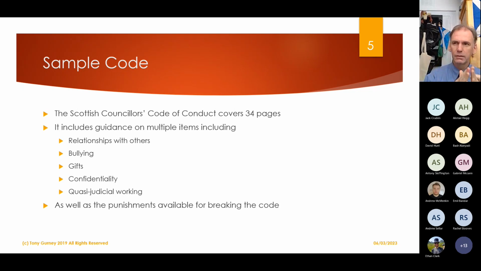Now, just to make it clear, there is a process for this, and you can declare these earnings. And then it's up to us to decide whether or not people have allowed that to influence their beliefs and what they're advocating for and how they vote. But there are other people who don't declare these things. And you can see that with a lot of the PPE procurement that happened over the last few years.